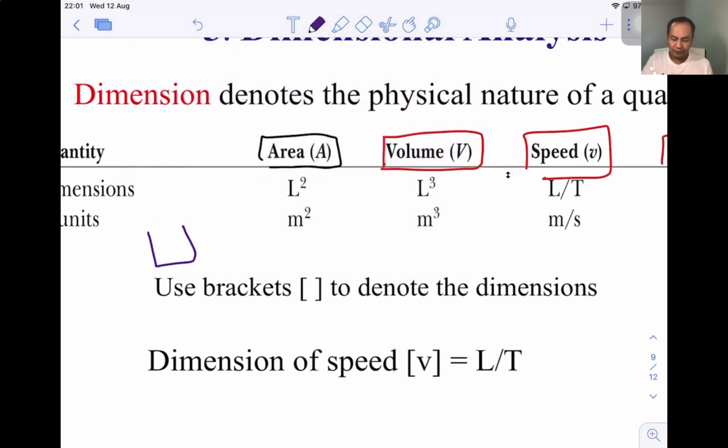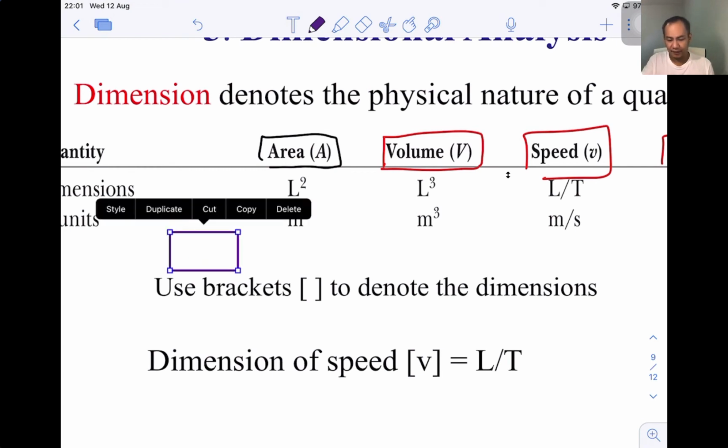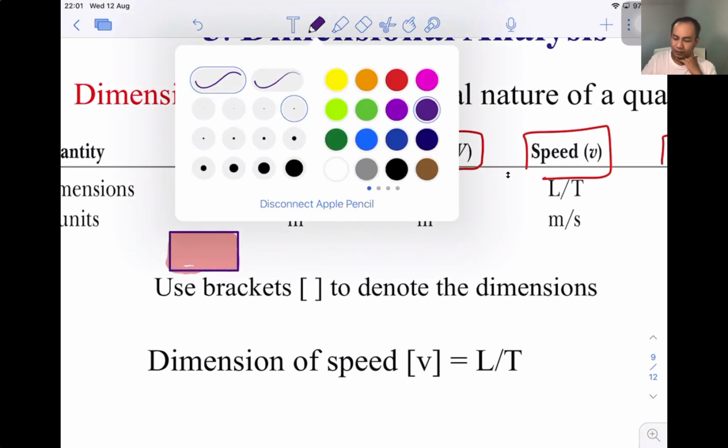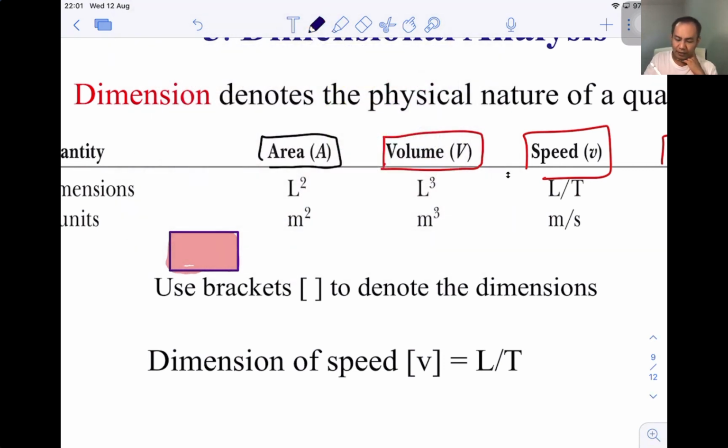calculate the area of one object, for example, this object, right? And you want to find the area here. And you might be able to measure.